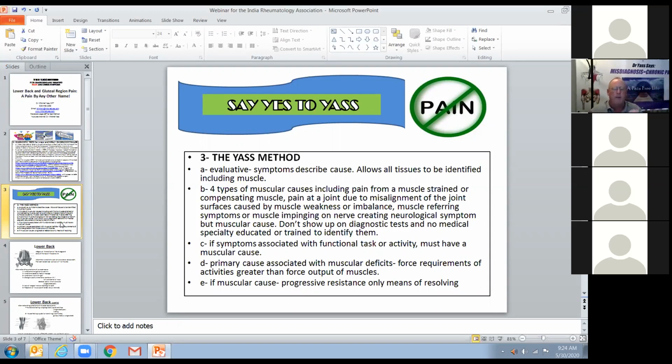The last point that I wanted to point out is that if in fact we do recognize that the core reason that people are having pain is this muscular deficit, then there's only one real way that you're going to be able to resolve the deficit, and that is the use of progressive resistance exercise.